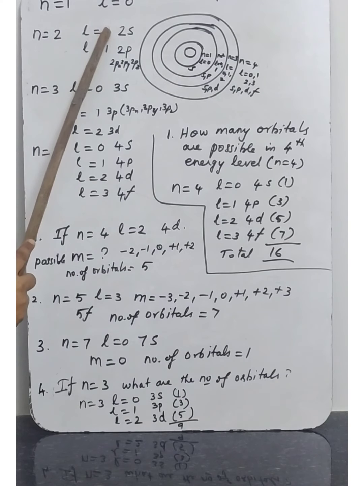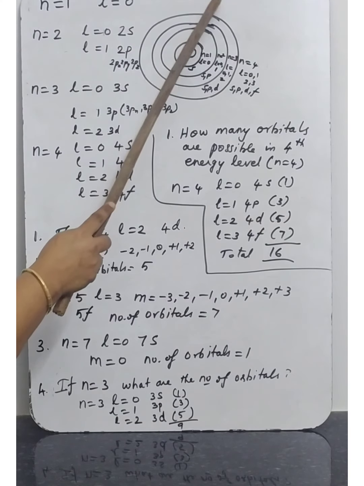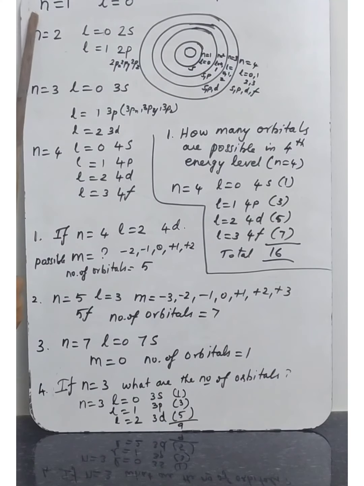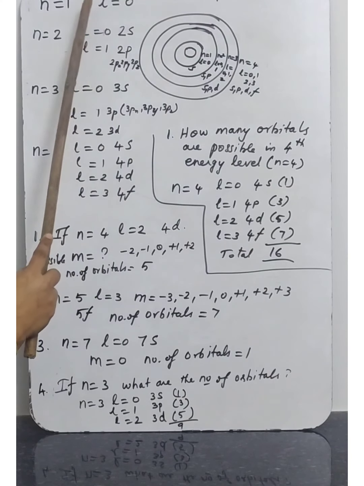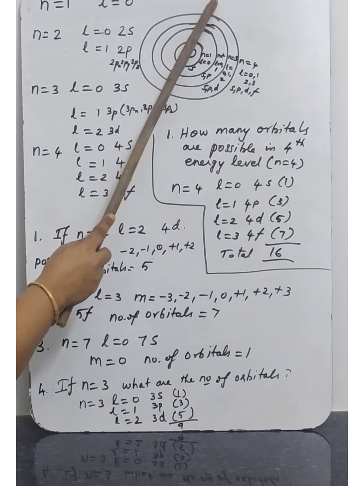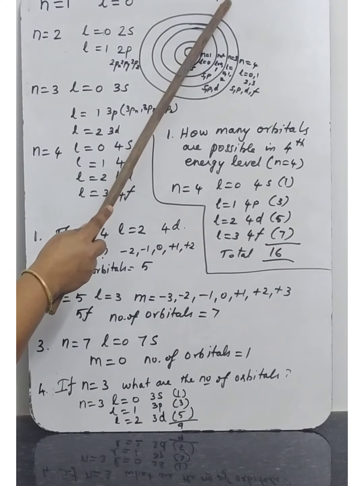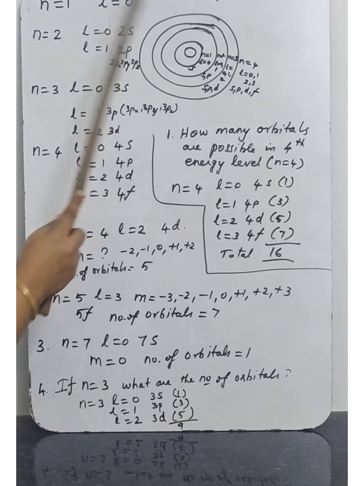So l equal to 0 means 2s. Here n is the main shell, like 1, 2 and so on. n equal to 1 is the main shell, and l equal to 0 is the subshell. The azimuthal quantum number value 0 means the s orbital, so 1s orbital.